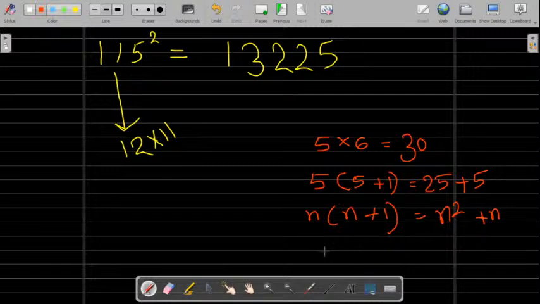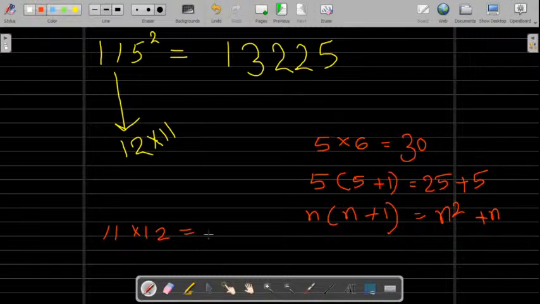For example, just now we discussed 11 into 12. 11 into 12 looks like n square plus n, right? So yes or no? n into n plus 1 means n square plus n.